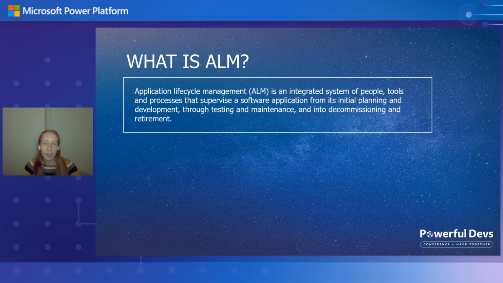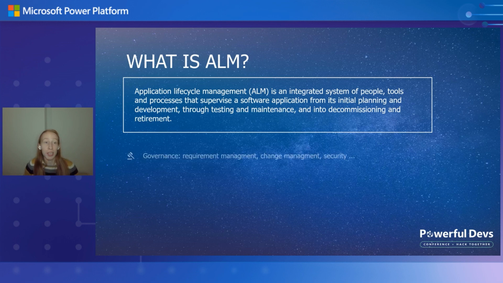Well, it tells us that there are people involved, tools involved, processes involved, and that it covers the full life cycle of application. So the moment that you start thinking about an application, the moment that you have an idea, that's basically when your ALM starts, all the way until you develop it, you build it, you test it, you bring it live, but also at the moment that you decide that the application is no longer needed.